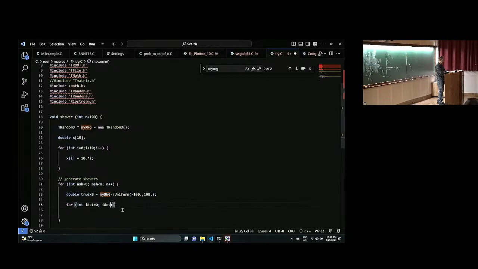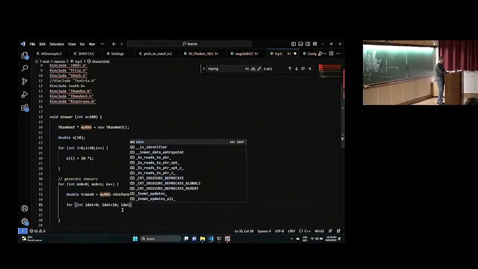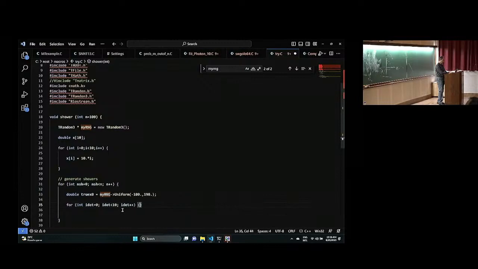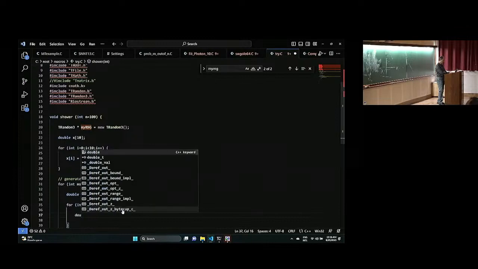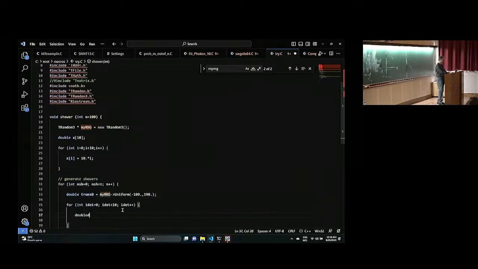So I have 10 detectors. And what do we do for each detector? We first of all compute the distance. And we do the fabs, the absolute value, already, so that we don't screw up.